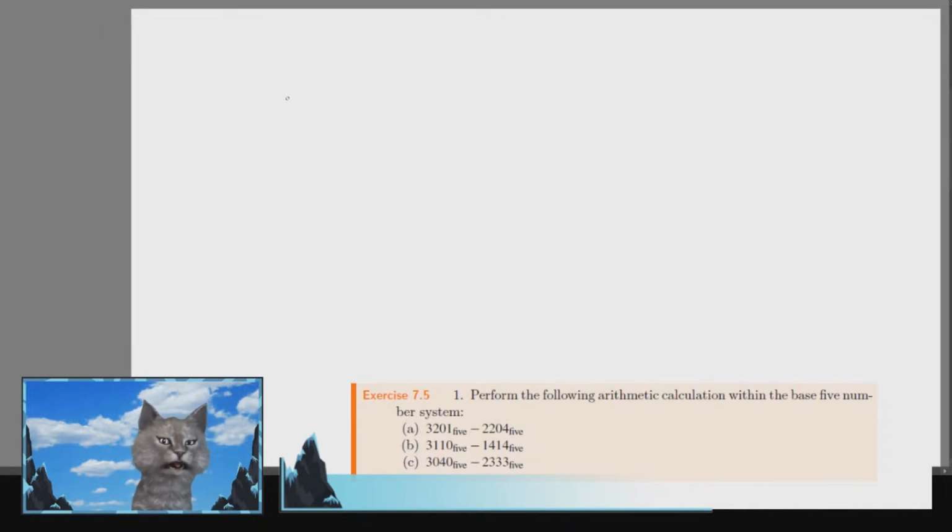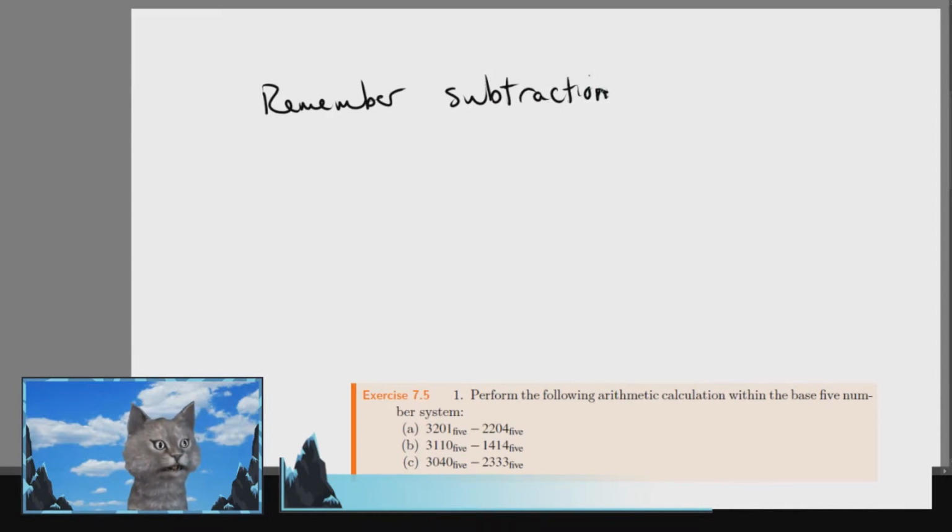How did we learn it? I say the method's not going to change. So let's remember subtraction in decimal.